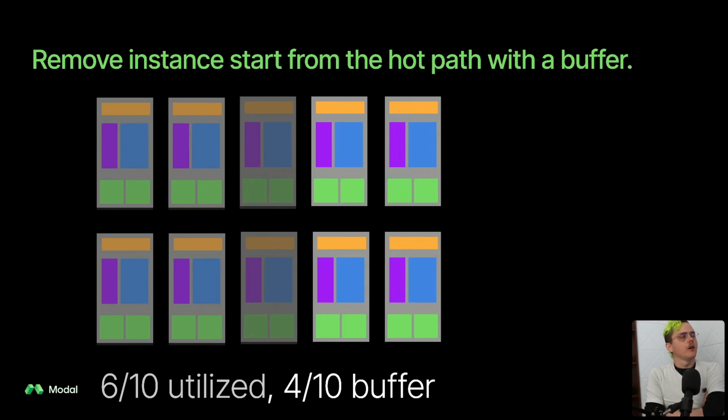This varies. It depends on how much load we have. It's a fractional buffer, and things get split out by region, so it's hard to answer that question super directly.